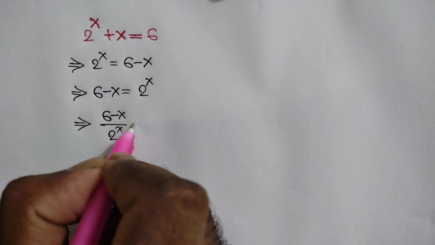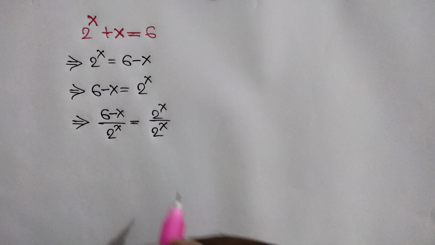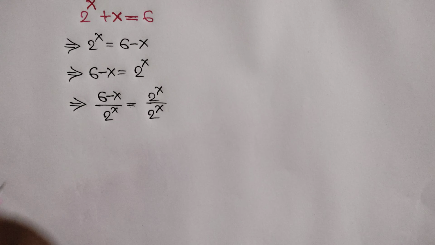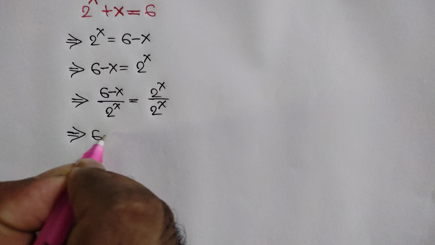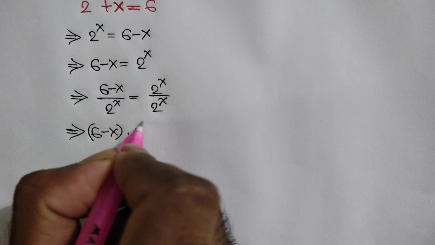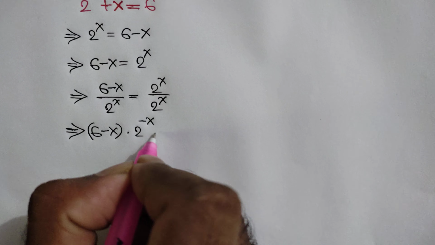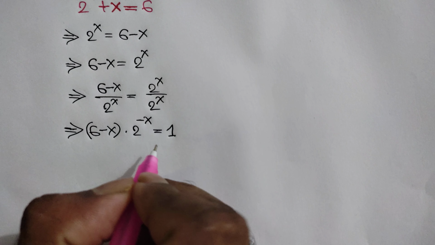over 2 to the power x is equal to 2 to the power x over 2 to the power x. Now we can write 6 minus x times 2 to the power negative x is equal to 2x over 2x, cancel out, so here we will get 1.